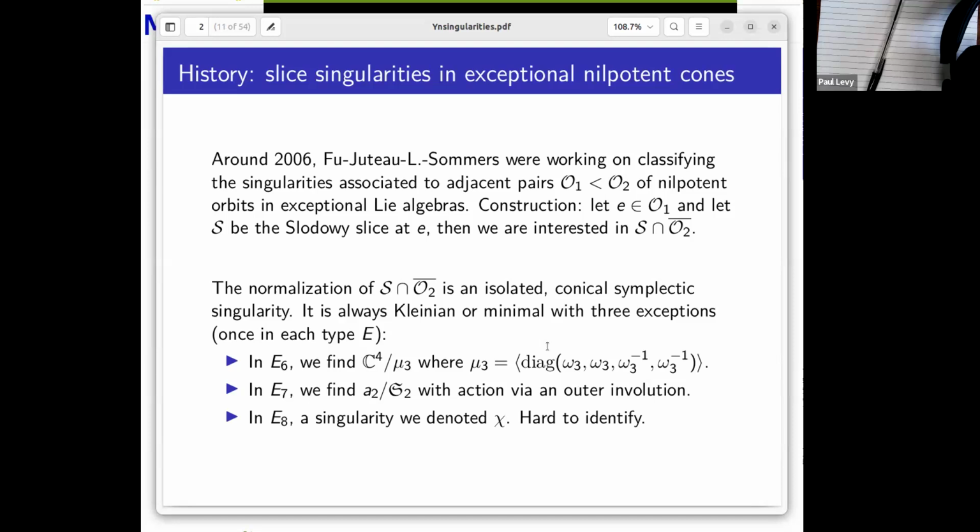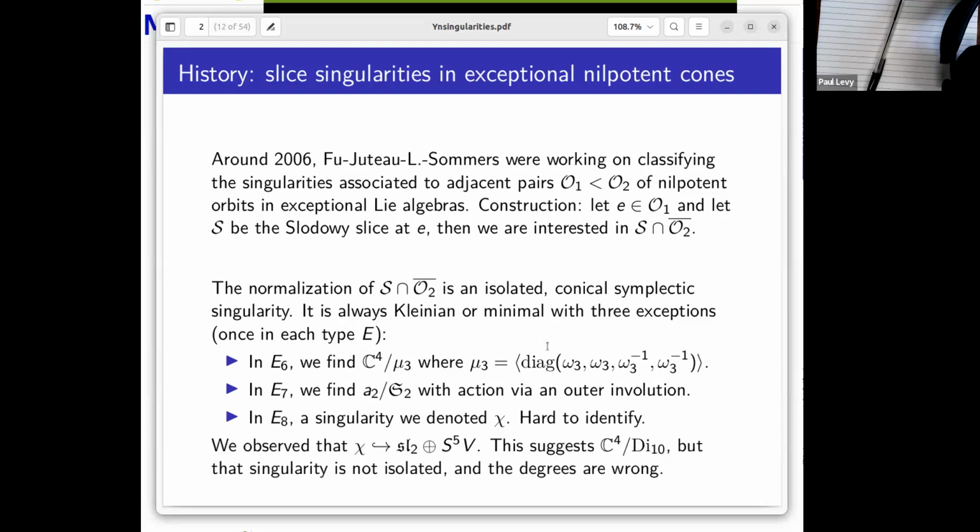And then there was a singularity that we found quite hard to identify that we denoted chi, and so this does not match. We knew that it isn't a minimal singularity and it isn't a Kleinian singularity, but we couldn't first work out what it was, and you can check by looking at transverse slices that it embeds into a sum of sl2 and the fifth symmetric power of the natural representation for SL2.